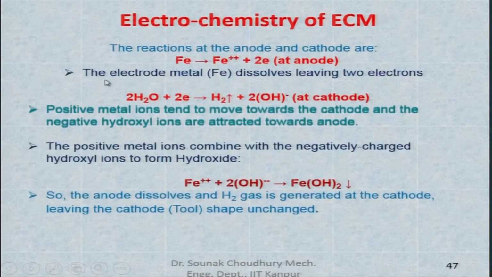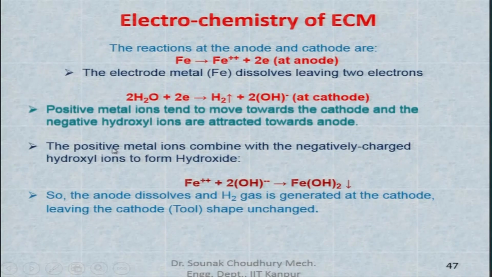So, in the cathode what happens: the 2H2O, because there is water, plus these 2 electrons taken from the anode, will create hydrogen gas and 2 hydroxyl ions at the cathode. That is what is written: the positive metal ions tend to move towards the cathode and the negative hydroxyl ions are attracted towards the anode.